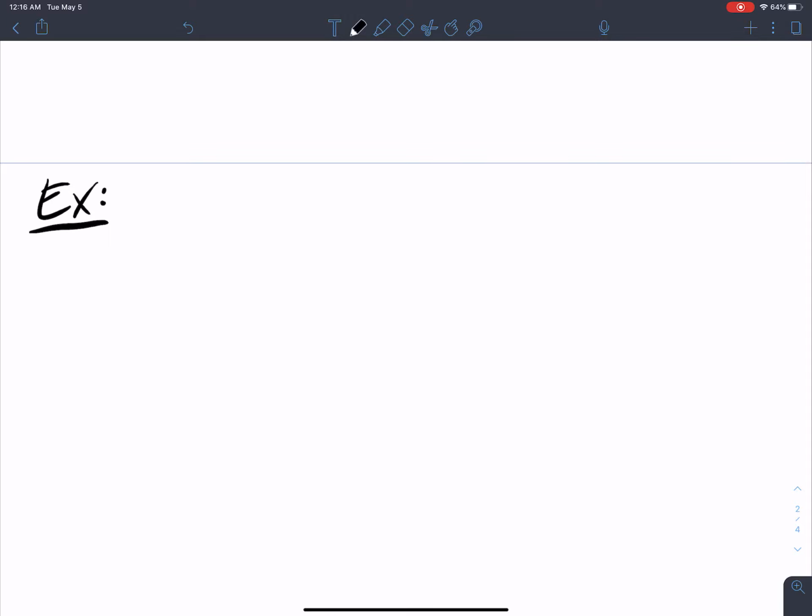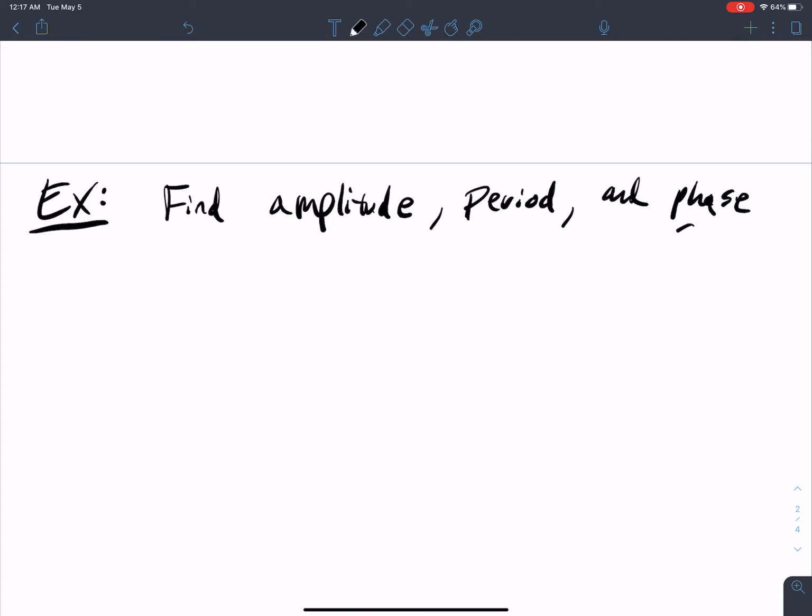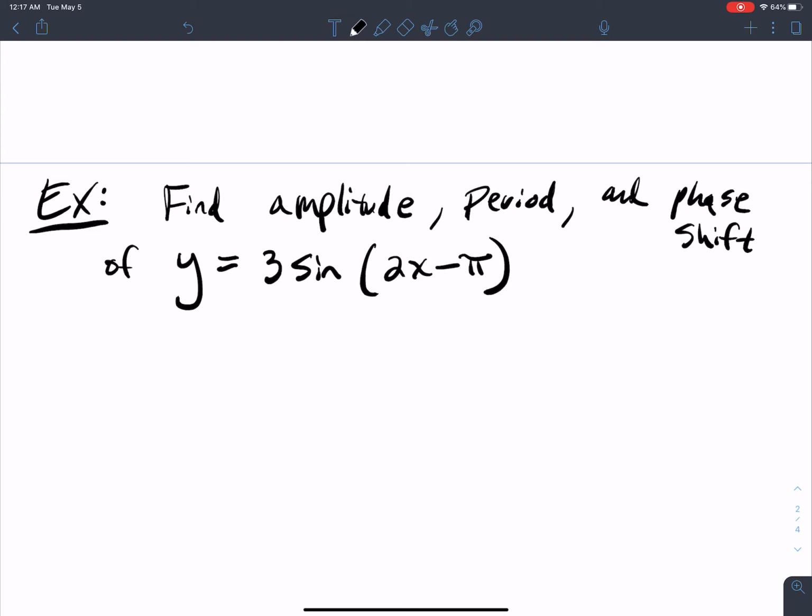Find the amplitude, period, and phase shift of y equals 3 sine of 2x minus pi, and graph the function.